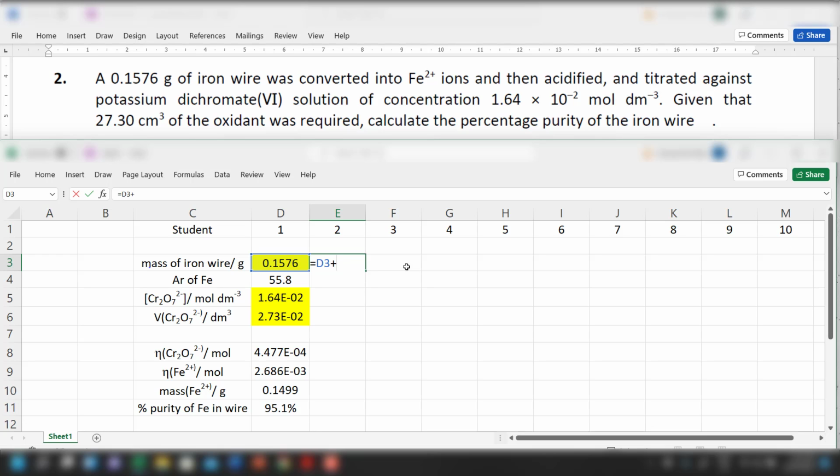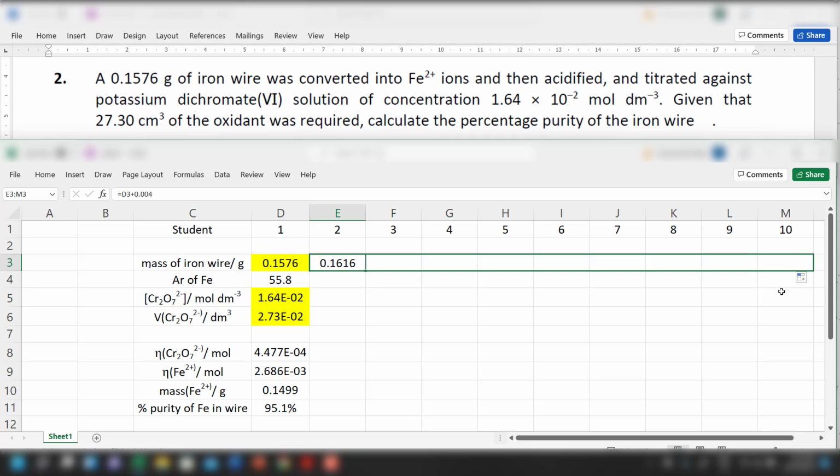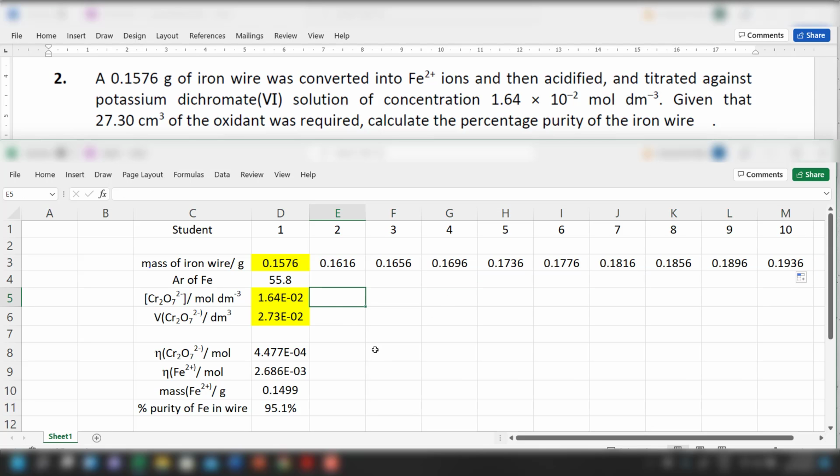So let's say plus 0.04, for example, just very random. 0.04 is too much, maybe 0.004. Then I can just drag it across, and then you get different numbers. And then for the concentration of dichromate, you can choose to make it a bit different, maybe equals to plus 0.01, for example.